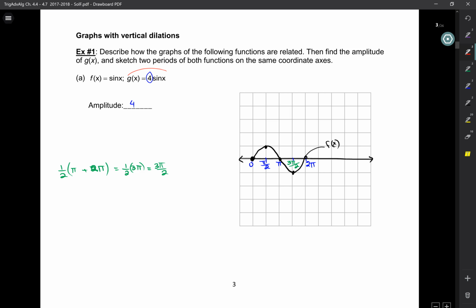Now I'm going to graph g of x in red. The difference between f of x and g of x is that g of x has a 4 in front of it, so the highs are 4 times higher and the lows are 4 times lower. So I start at 0 again, but I don't go to 1, I go to 4. 0, 4, 0. There.